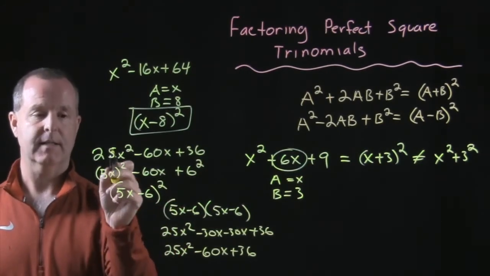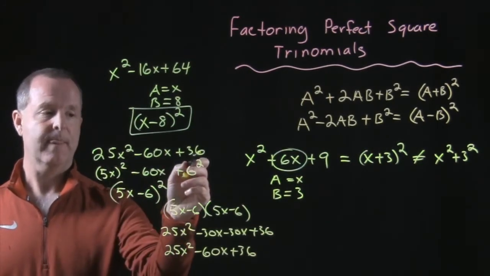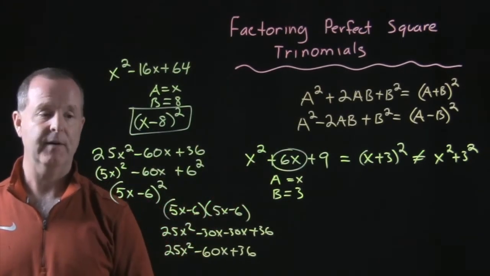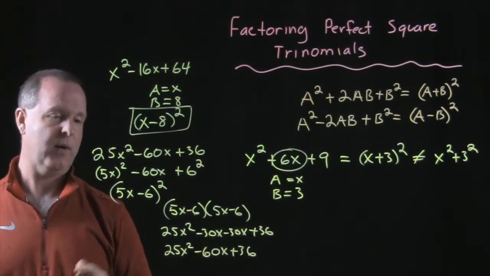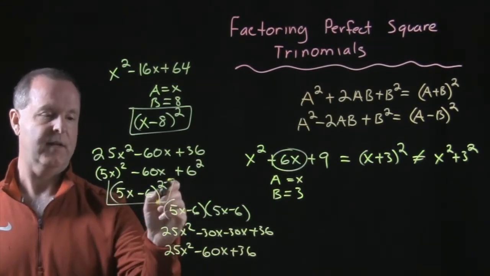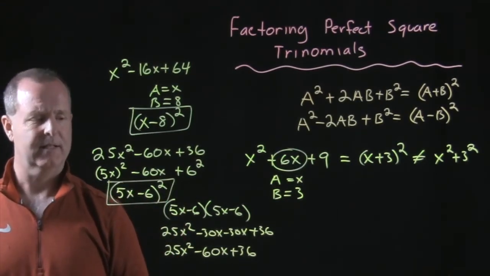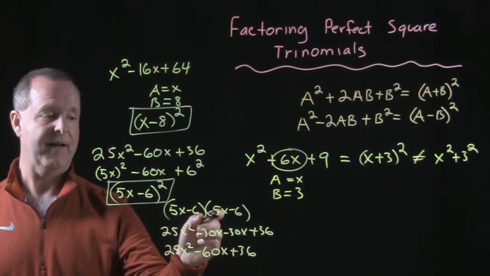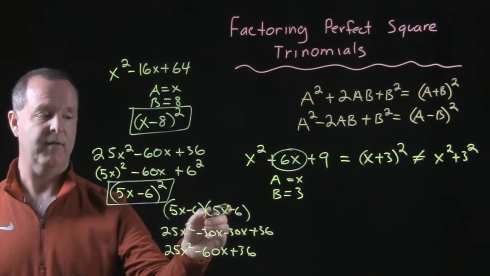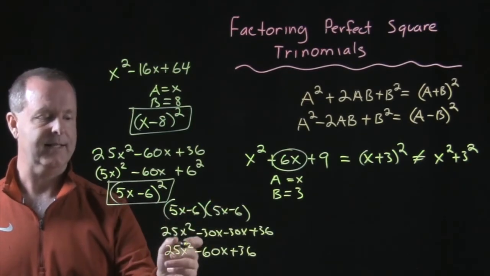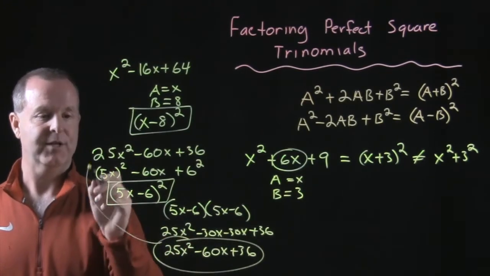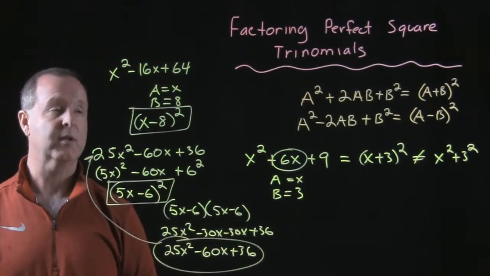So I recognized that I had a square in the first term, a square in the last term. There was a negative, so it follows that second pattern. If I was able to recognize it as a perfect square, it factors to that. And I wasn't convinced, so I just multiplied that out, just to get a check. And I found out that what I got matches what I started with. So I was able to confirm that.